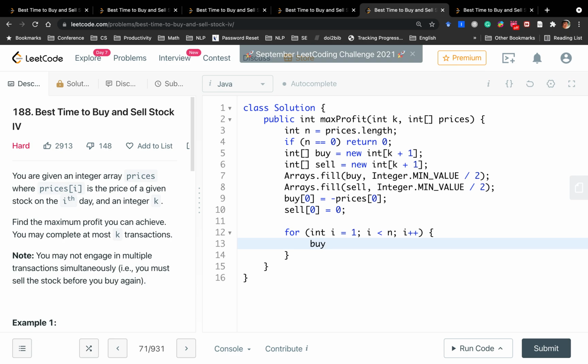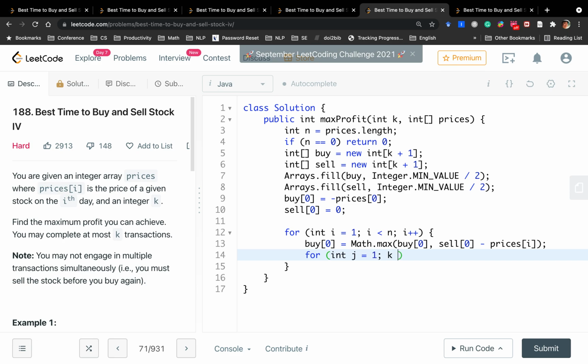It's like initialization every time: buy 0 should be max of buy 0 and negative prices I. If we make the first buy, then it should be the maximum among the buy 0 and negative prices I. And then j equal to 1, j less or equal than k, j plus plus.